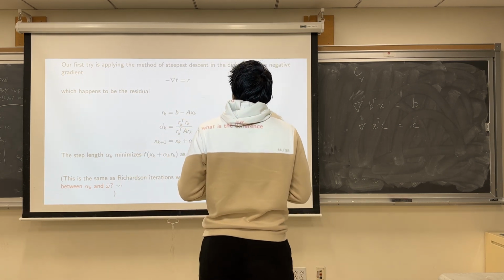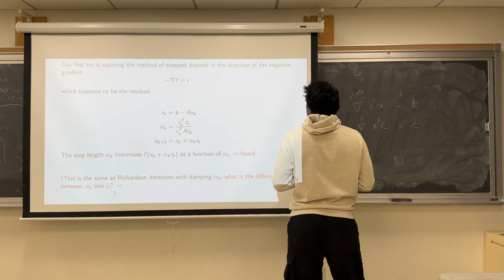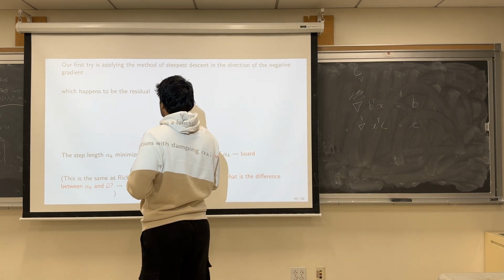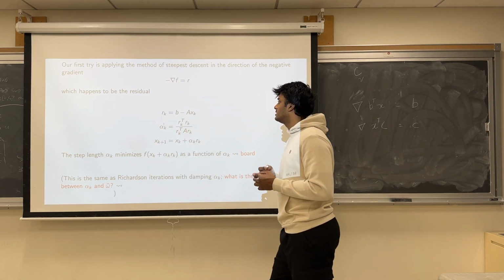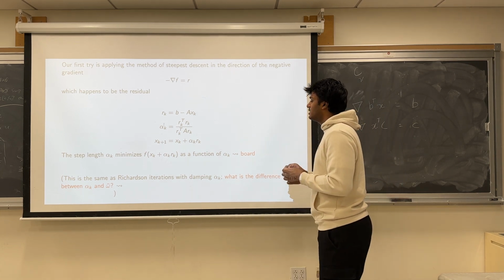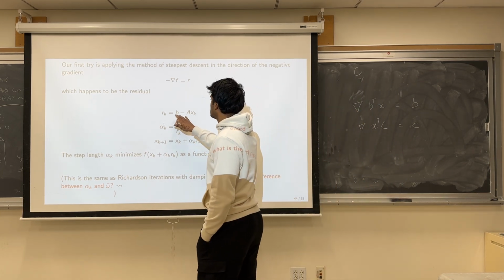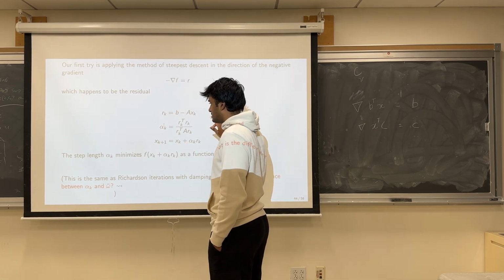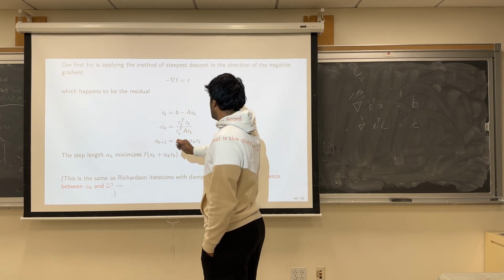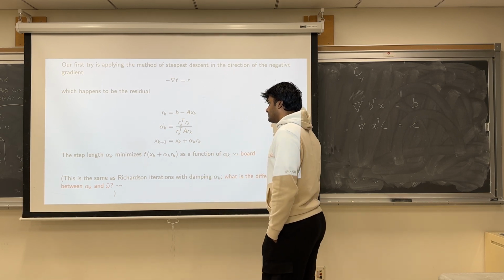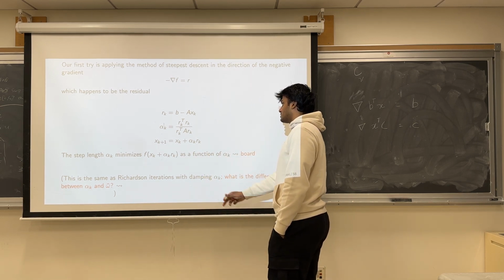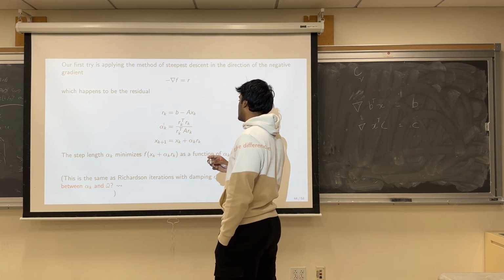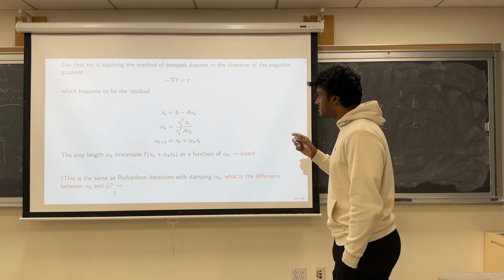Our first try is applying the method of steepest descent in the direction of the negative gradient. So this is gradient descent. What happens to the residual? At every instance the residual is this. All I'm doing is creating an iterative method. I choose alpha k like this, and x k plus 1 is x k plus alpha k r k.